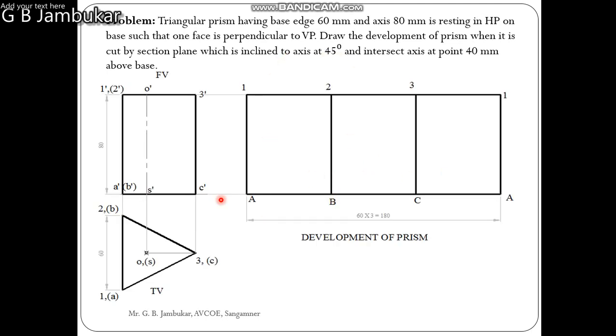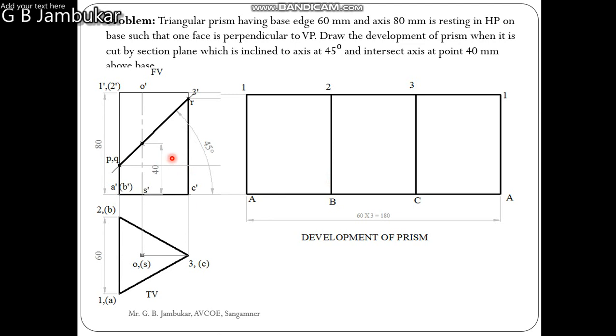The first stage is shown and the section plane is shown. Due to this section plane we get points P and Q: the point P at which the section plane intersects edge A1, and the point Q at which the section plane intersects edge 2B.